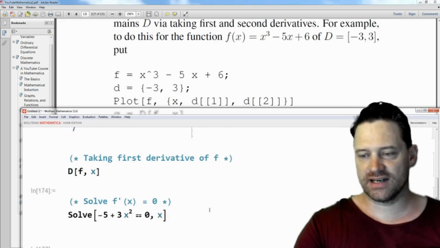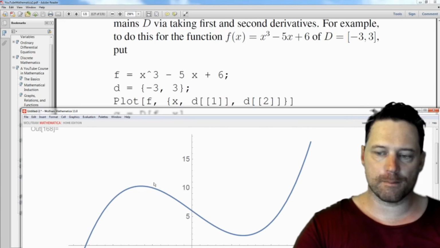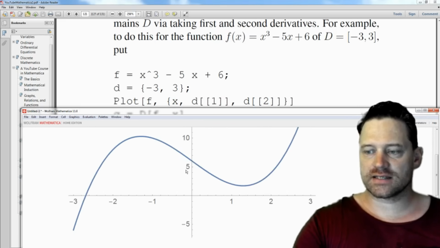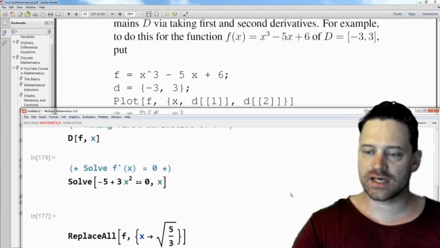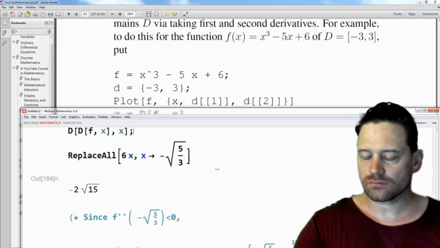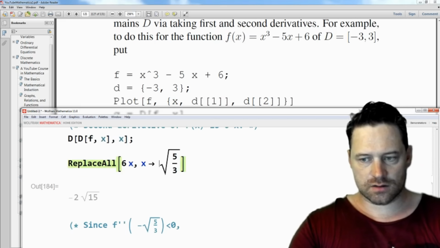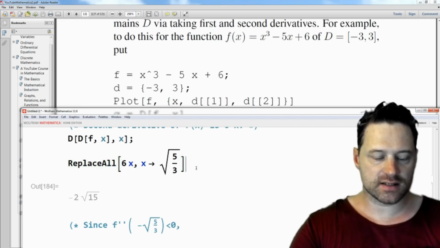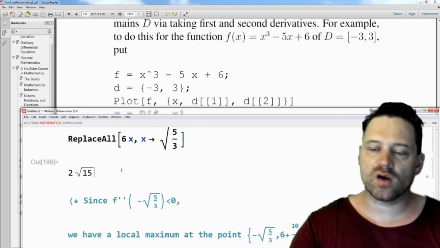All right, now that agrees with our graph right here, local maximum right here. Okay, now let's find out that this other one is a local minimum using the same technique. So we'll scroll down. All we have to do now is replace x with plus the square root of 5/3, and we get a positive number.